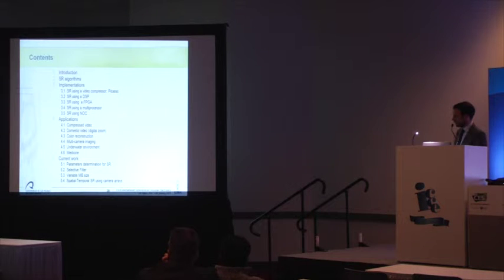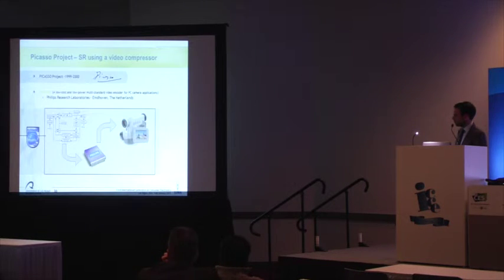So beginning with the video compressor, this was based on a project in the Philips Research Laboratories in Eindhoven, the Netherlands. And this was done at the very beginning of the super resolution research line of our institute 15 years ago.